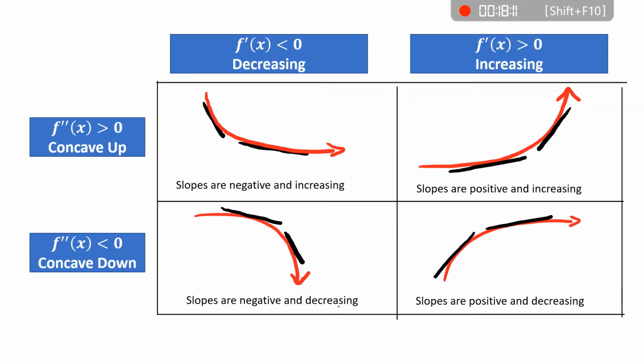Okay. On this side, my slopes are positive, but they're getting more and more positive as we go. If I am concave up, my slopes are positive and increasing. On this one, my slopes are still positive, but they're getting less and less positive. So my slopes are positive and they are decreasing.